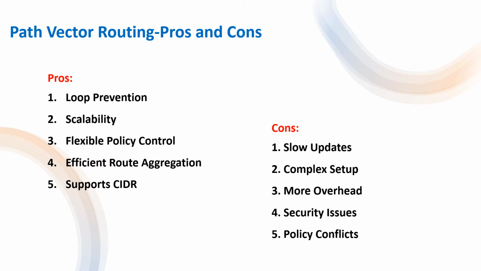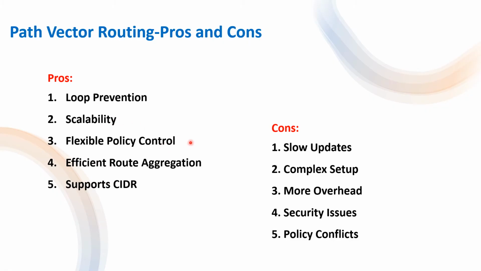Here is an overview of the pros and cons of path vector routing. By tracking the full path, it avoids routing loops, making sure data does not get stuck in a cycle. It works well for large networks like the entire internet.